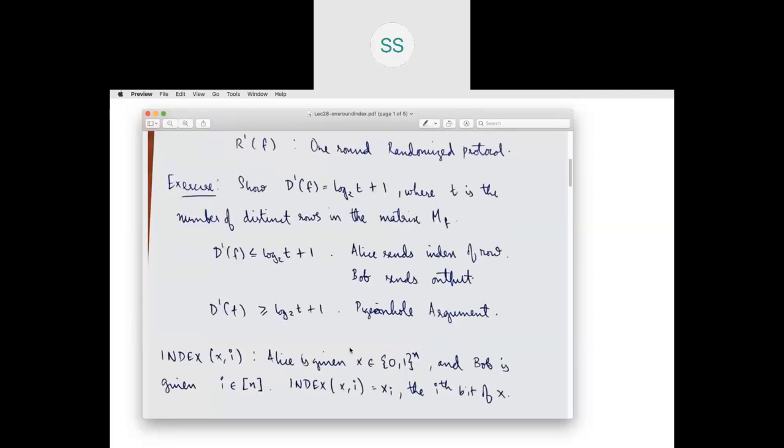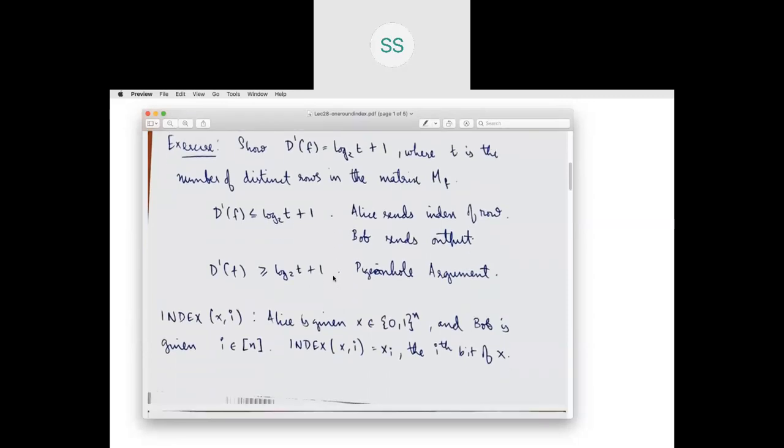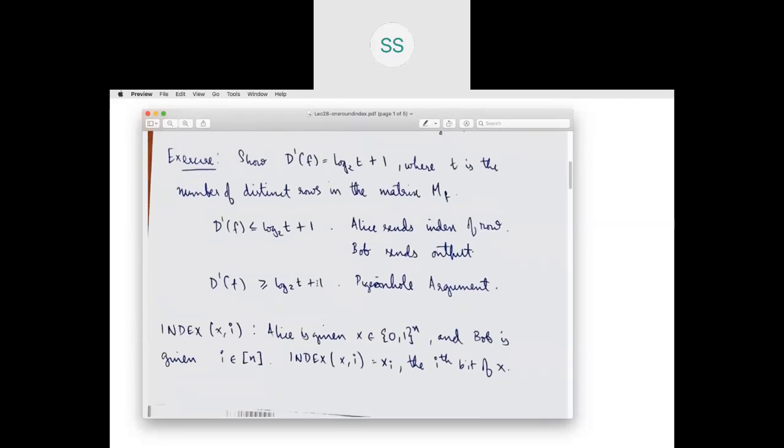I have not written down the answer, but I have told you everything. So what is the function index? In the function index, Alice is given an n-bit 0-1 vector, and Bob is given an integer from 1 to n. The square bracket n denotes the set 1, 2, 3, up to n, the first n natural numbers.